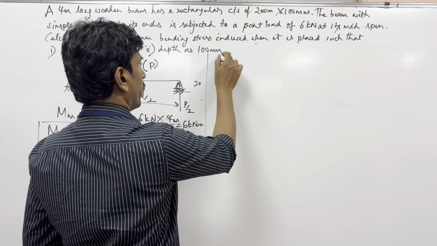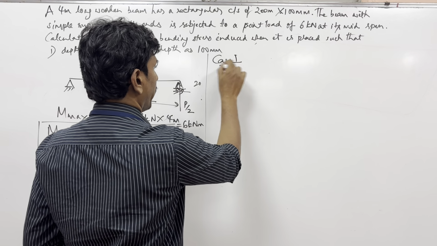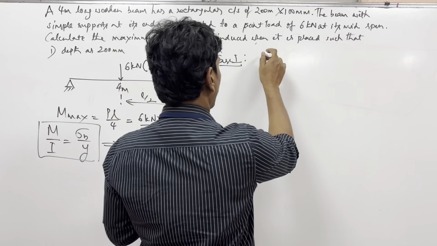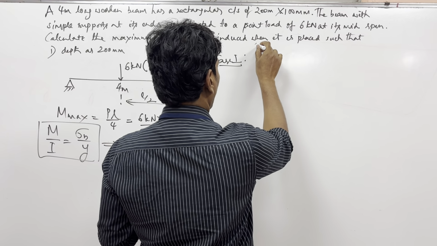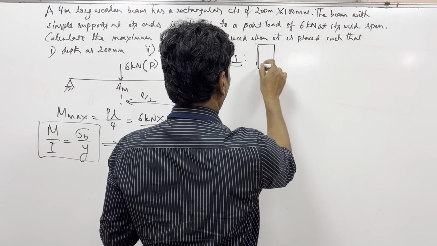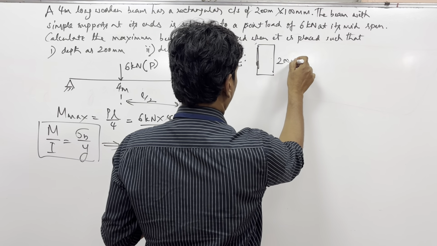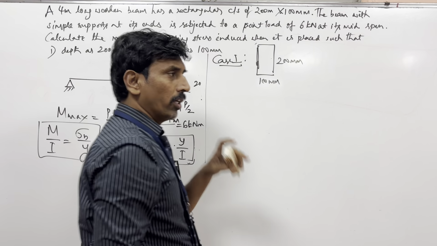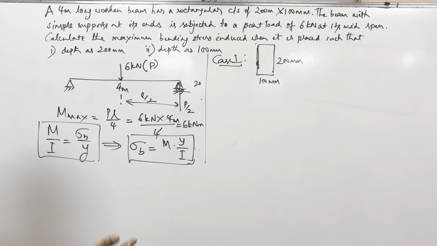Case 1 is depth as 200 mm, width as 100 mm. When you have these values, what is the value of I and what is the value of Y?